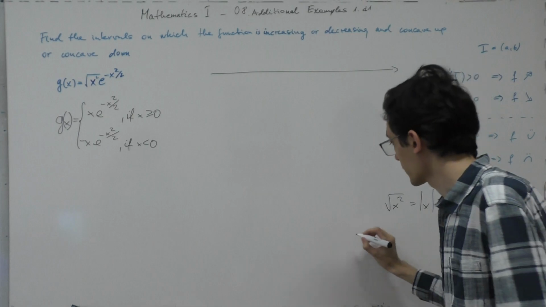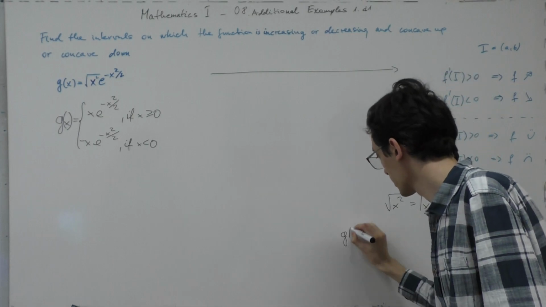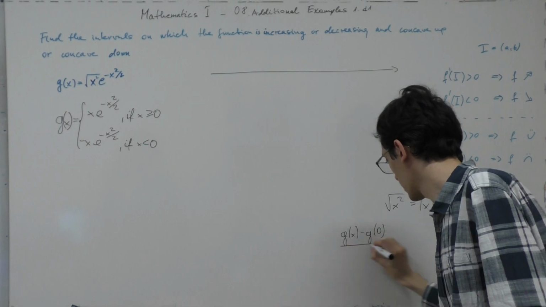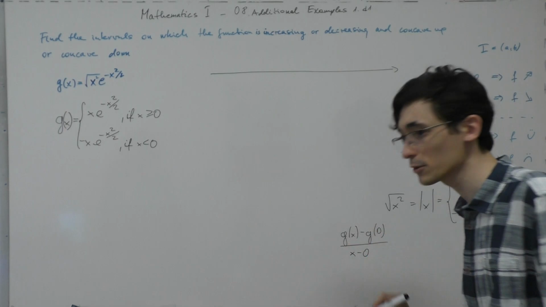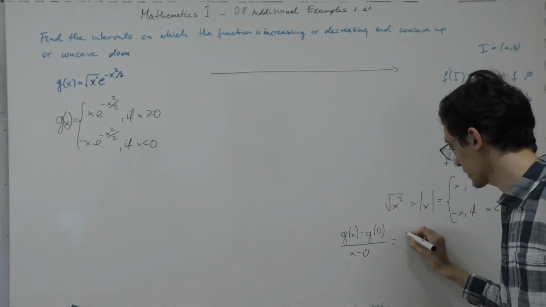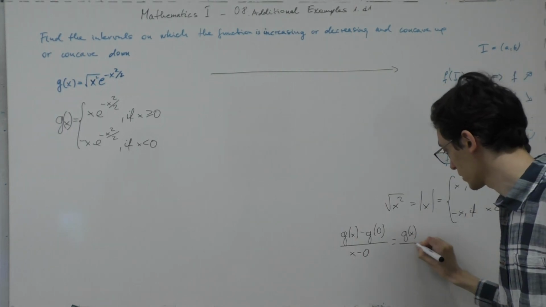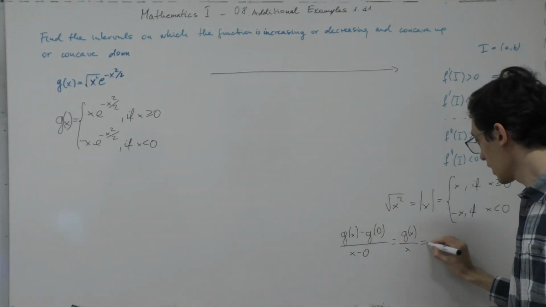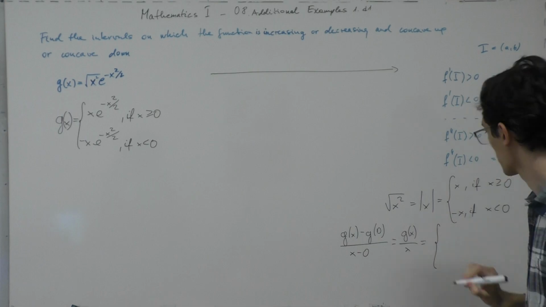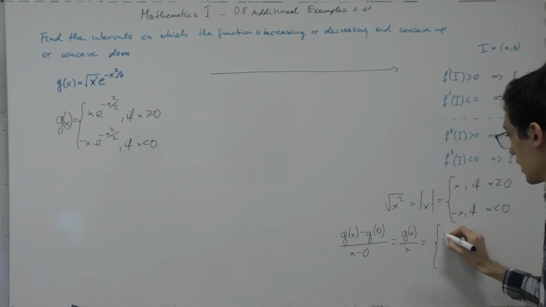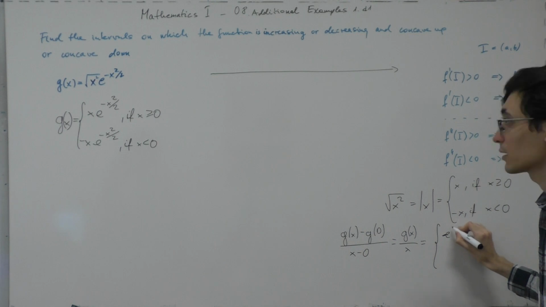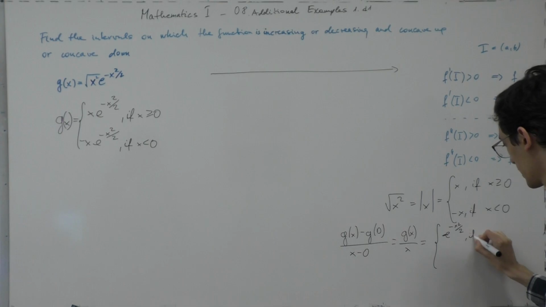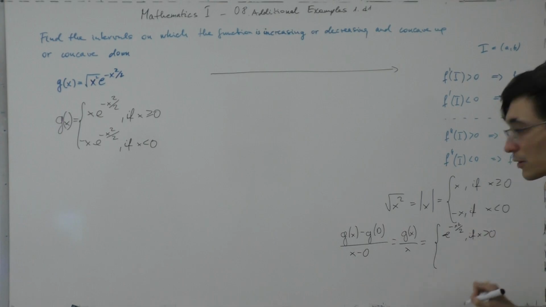The quotient of differences will be g of x minus g of 0 over x minus 0, which is simply g of x over x, since g of 0 is clearly 0. This will be, with our cases, e to the negative x squared over 2 if x is greater than 0.